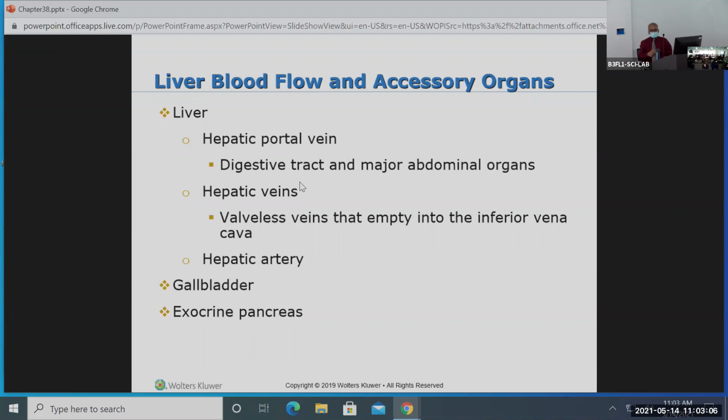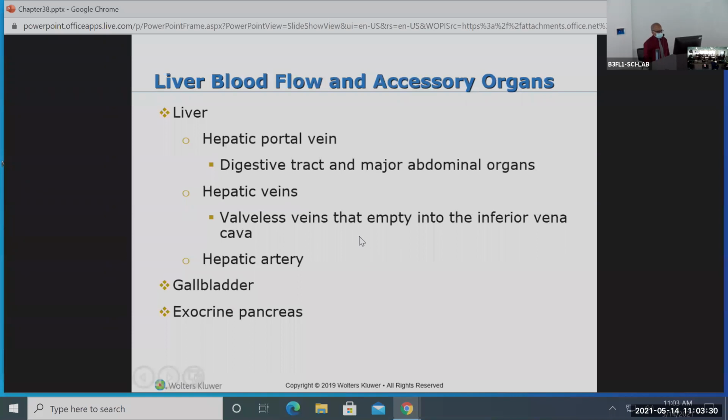Where is this inferior vena cava blood going? To the heart. Which part of the heart? Right side of the heart. Very good. Inferior vena cava, superior vena cava, coronary sinus. Okay, so please remember, for the liver, those blood vessels are very important.